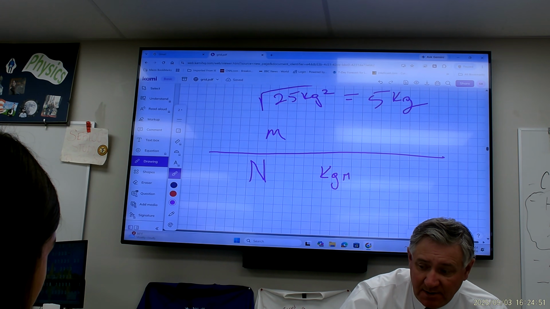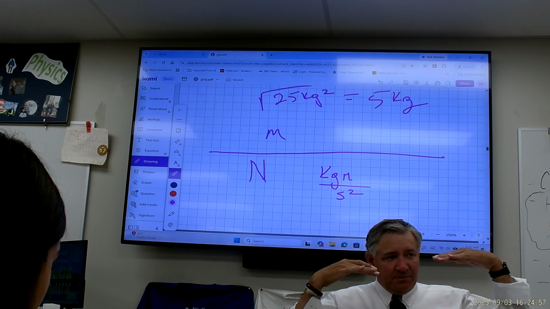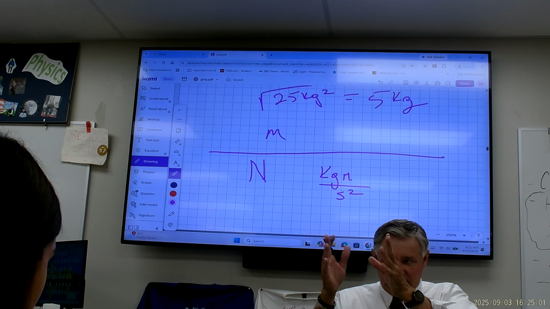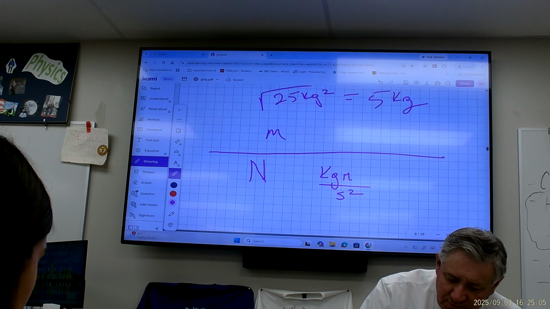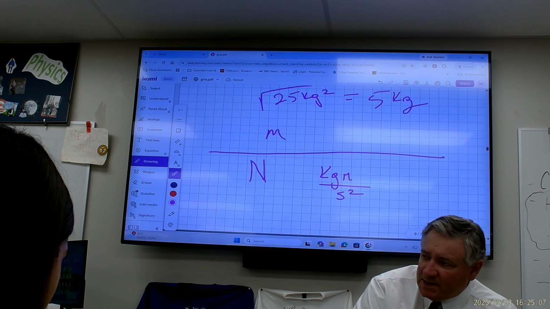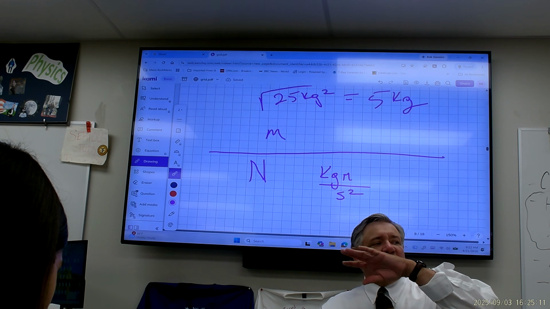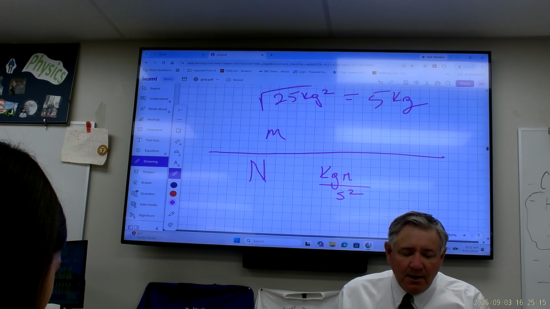Kilograms, meters per second squared. Notice that the only thing below that line is the second squared. All that middle section is a summary of everything we've just talked about. Not a big deal there.